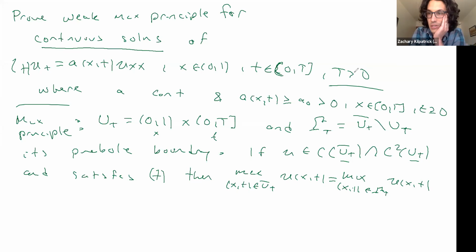Okay. Another question. This is a weak maximum principle. Is there a strong maximum principle for the heat equation? Yes or no? Yes. Okay, what is it? If the domain is connected, then every point in the interior is strictly less than the maximum on the boundary, or the function is constant and equal to the maximum.